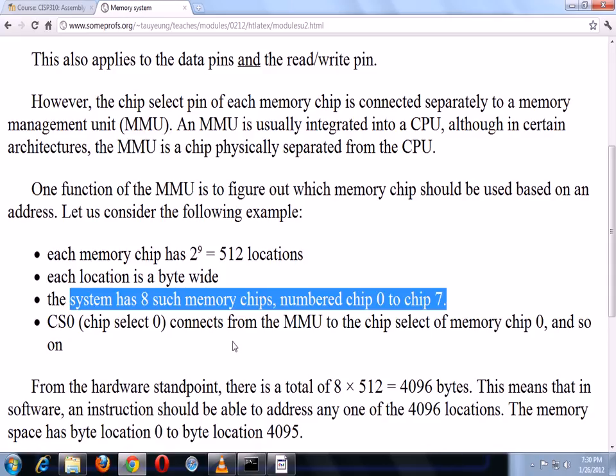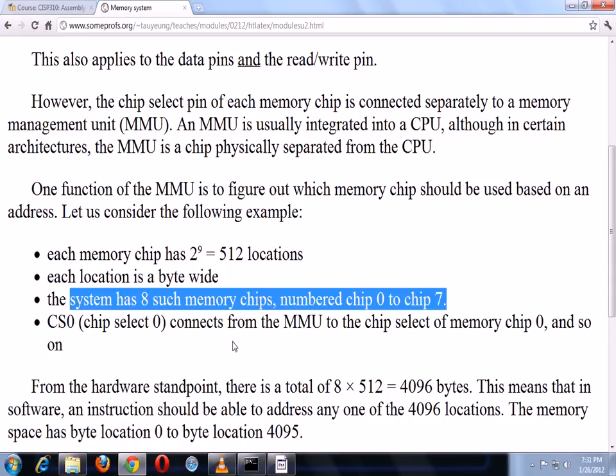Are we having a mental picture of how everything is connected? Okay, we have 8 separate memory chips. Each one has 512 bytes. It is byte addressable. And we have chip select 0 of the first chip connected to the MMU, and then we have CS1 of the second memory chip connected to the MMU separately, and so on.